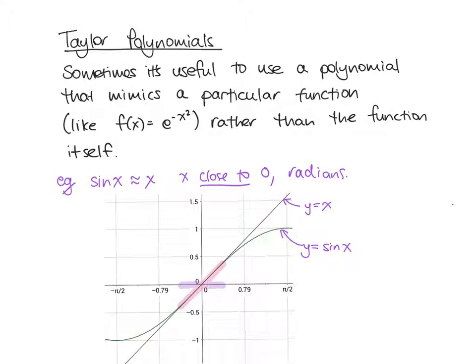So if one day you need to approximate the sine of, for example, 0.2, you don't have to get your calculator out, you can just say, well, it's close enough to 0.2. But notice here that what we're really saying is close to means x lying between about minus 0.4 and 0.4.